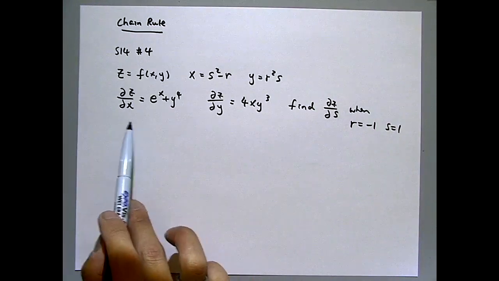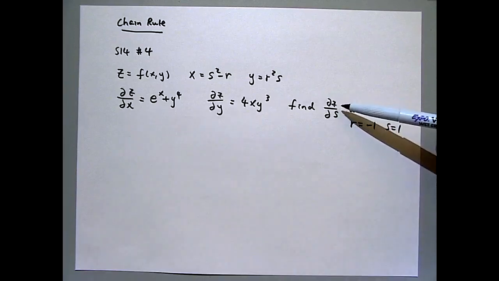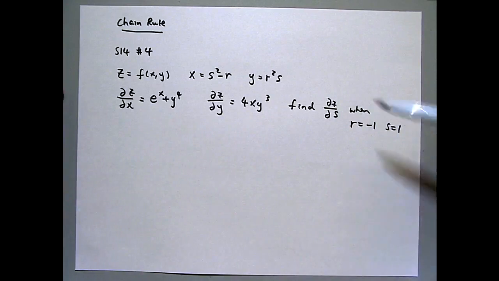We don't know what z looks like, but we know the partials. And we want to find the partial derivative of z with respect to s.